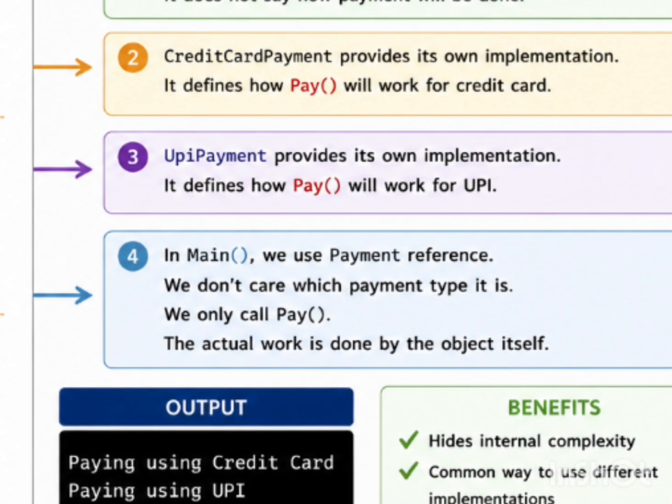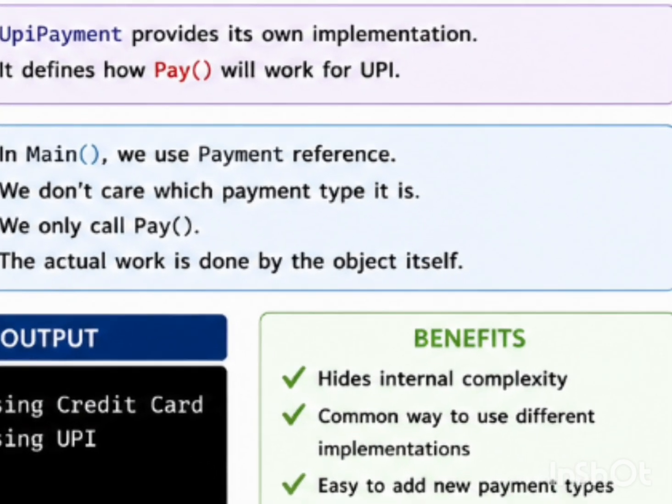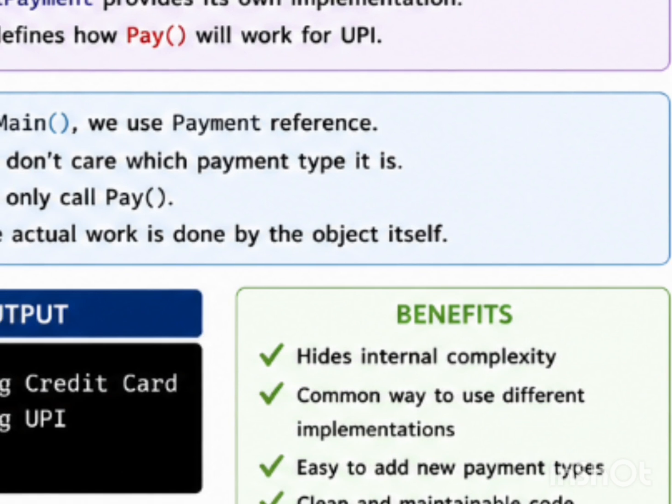And I already explained the benefits of abstraction. It will hide the internal complexity. You'll just create a pay method, you'll not put all the complexity in that method itself. The class that implements it has to give the implementation for that method. And it is a common way to use different implementations.